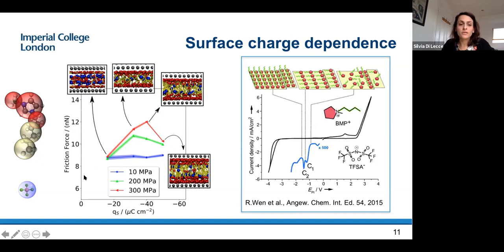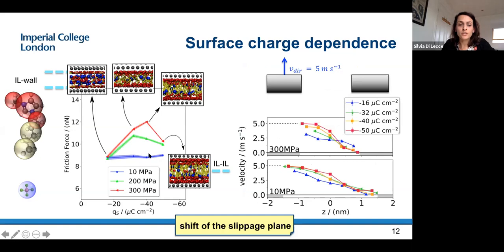From this plot, we saw also that this maximum is dependent on the pressure. For low pressure, we don't see this maximum. We can understand the behavior by checking the velocity profile of the confined ionic liquid. The wall is moving at 5 meters per second, and we see that for 10 megapascal, where we don't see the maximum, the velocity profile of the ionic liquid doesn't change significantly with the surface charge.